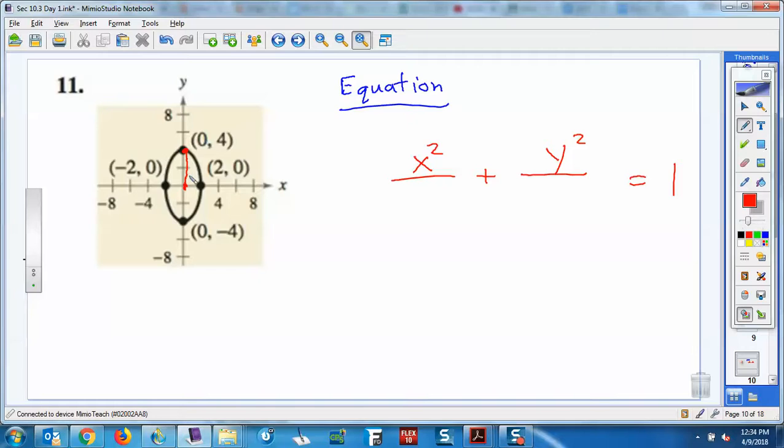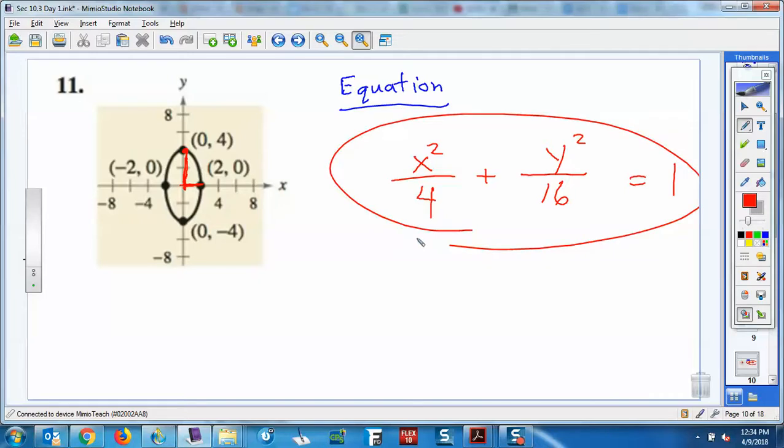It's got to go under the Y, because it's up and down, right? And what goes under there? That's the 16, right? So that's A squared, and so that's 16. And what's B? 2. So under here is 4. Again, since it goes horizontally, that goes under the X. It's really that easy. Just can't mix up the A, the B, and those things.